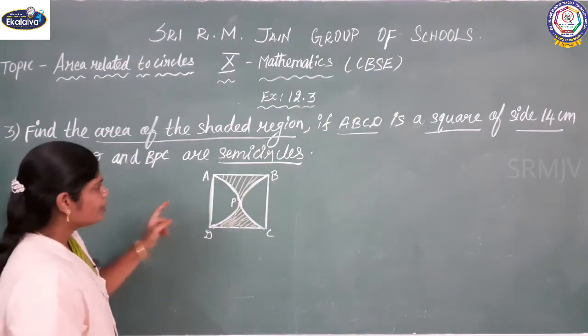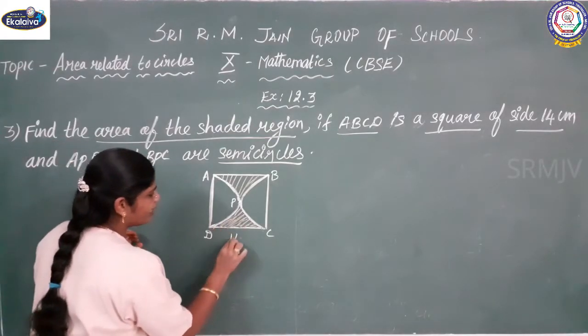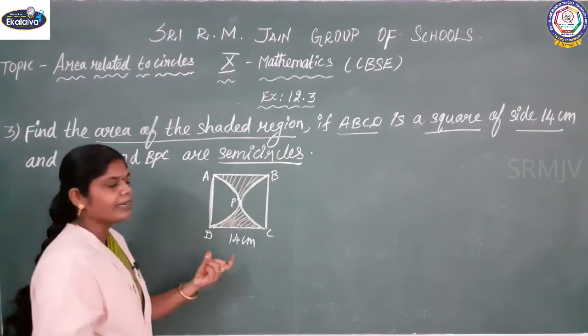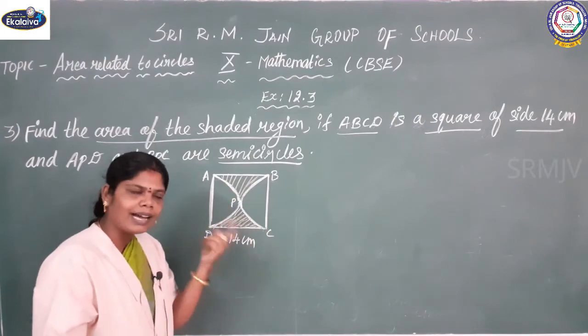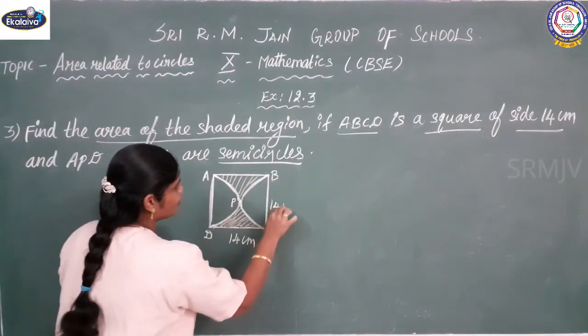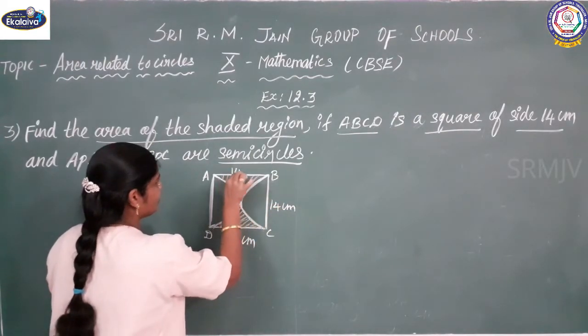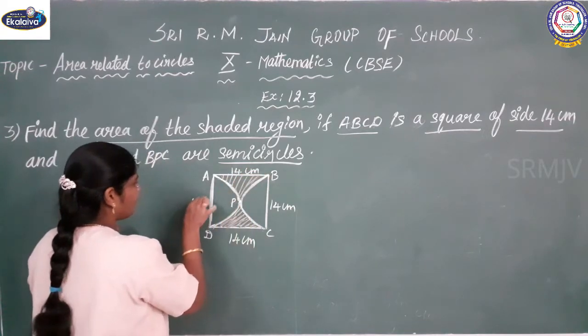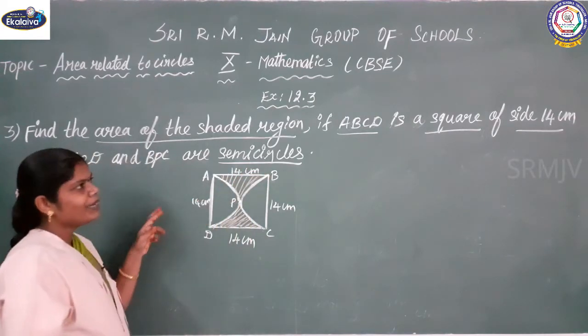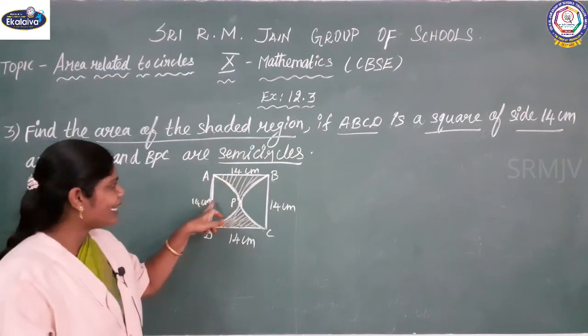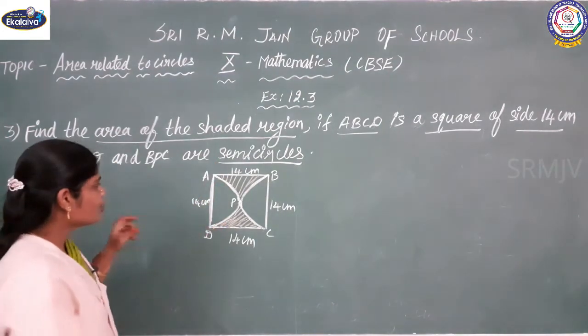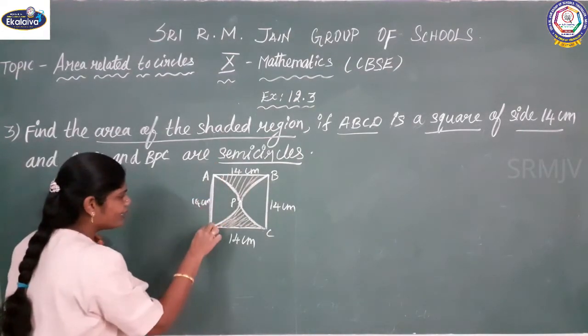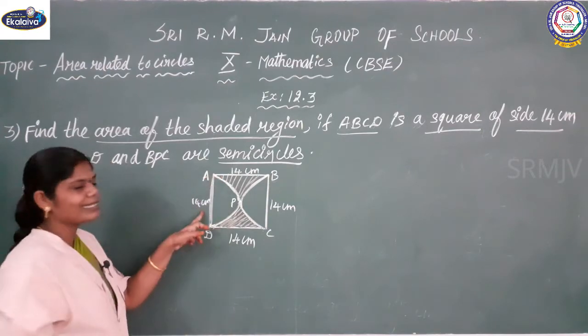Okay, so here the side of a square is 14 centimeter. In a square all the sides are equal. Okay, so all the sides 14 centimeter. Here in the semicircle the radius is not given. So look at here, this is the diameter of the semicircle.